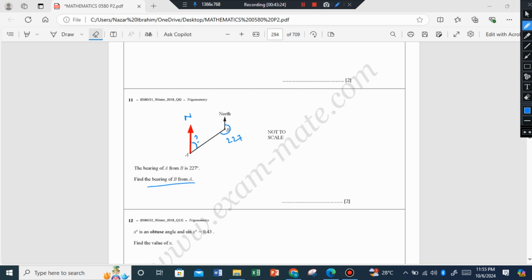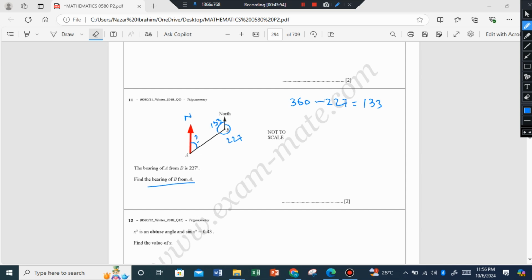Since this is 227 and the whole is 360, I'll first subtract 227 from 360. What I'm getting is 360 minus 227, 133. This is this angle.